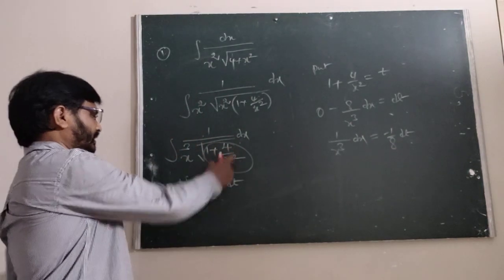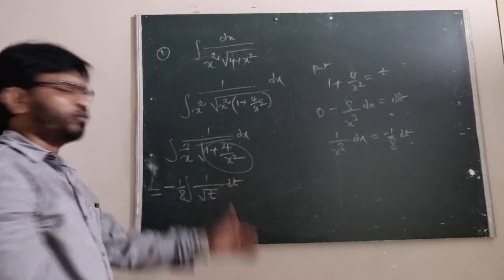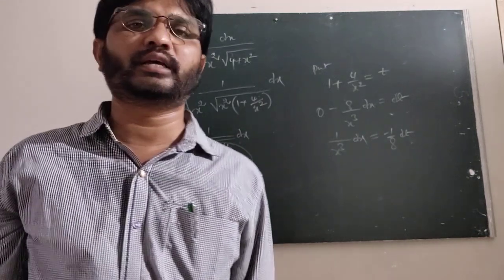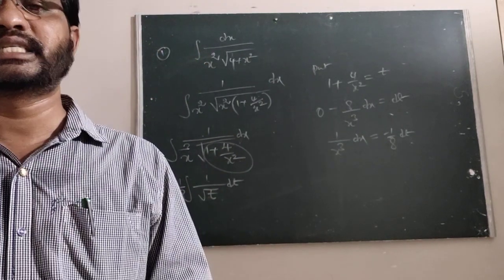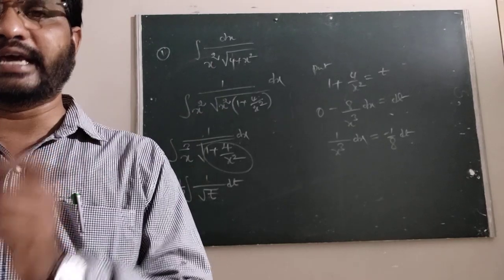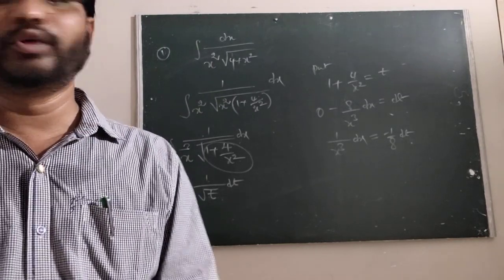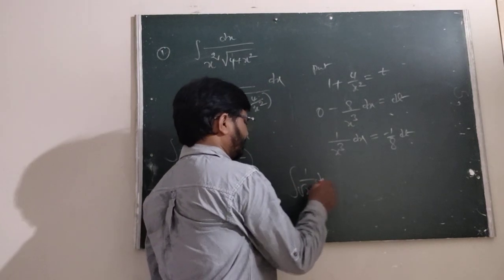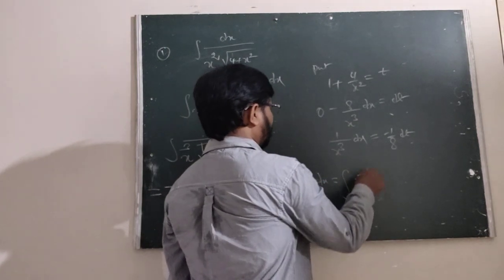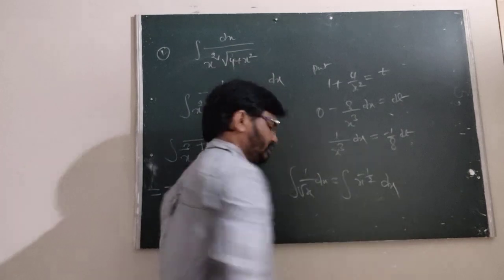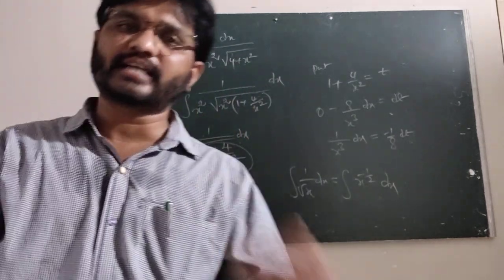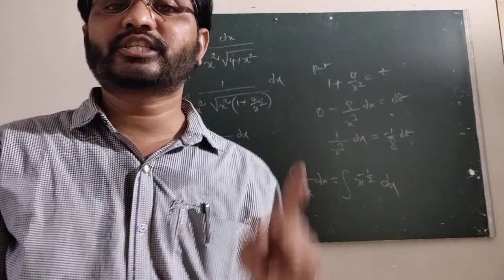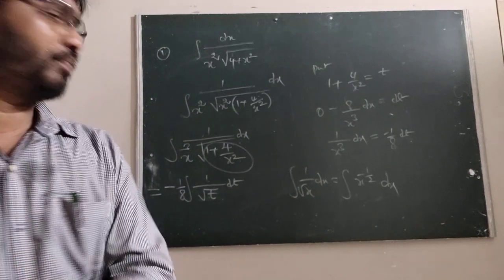Now here we have the integral of 1 by root t dt. Everybody knows that the integral of 1 upon root x dx is 2 root x. How? We can write 1 by root x dx as x power minus 1 by 2 dx. We know that the integral of x power n dx is x power n plus 1 upon n plus 1.